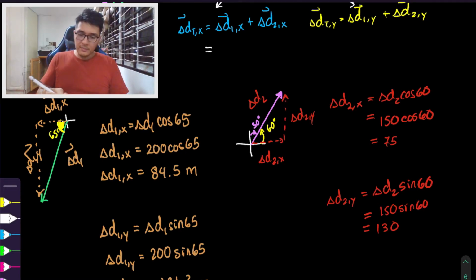So for the displacement 1x, notice that the vector was pointing to the left, so we have to put a negative sign for it. And our second displacement along the x was actually pointing to the right, so we're going to put a positive sign.